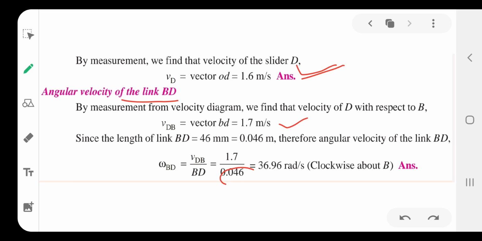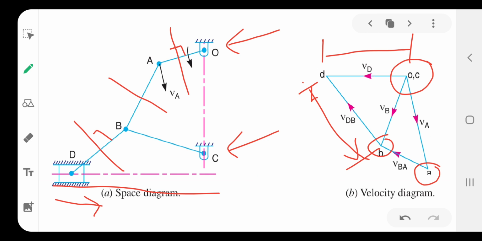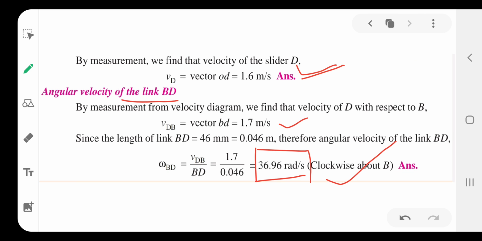The problem gives 46 mm, so we have to take it in meters, 0.046 meter. So we got the answer of 36.96 radian per second, and it is clockwise about point B. So here we completed our problem. If any query, feel free to ask me. Okay, thank you.